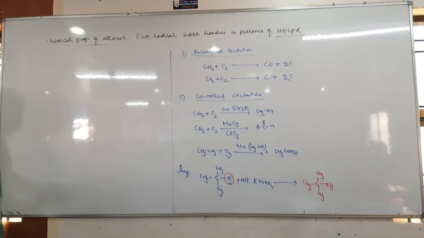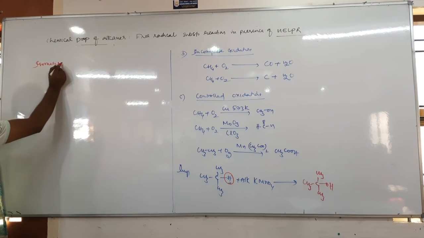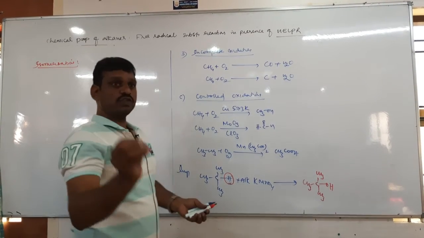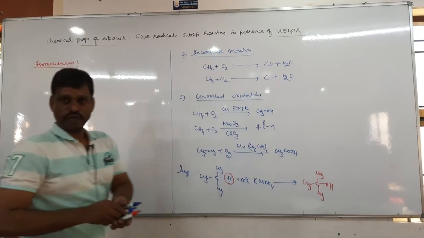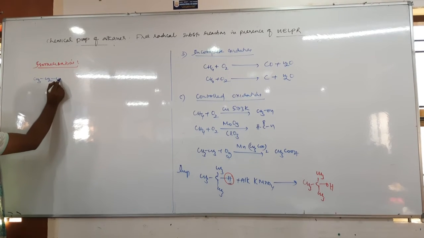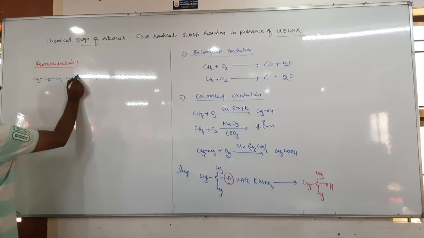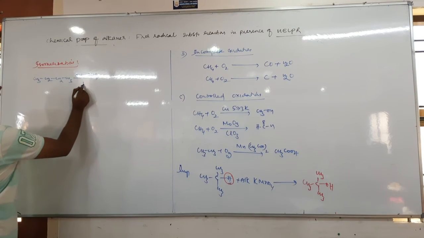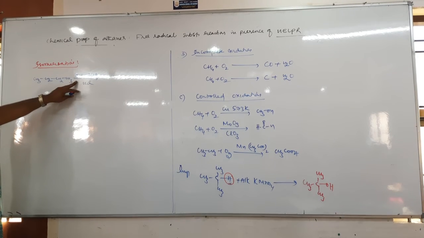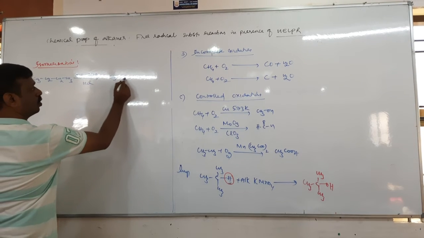So next is isomerization. Tell me, what is the meaning of isomerization? One isomer can convert into another isomer. For example, let us take n-butane. It is treated with anhydrous AlCl3 and HCl, which converts it into isobutane.